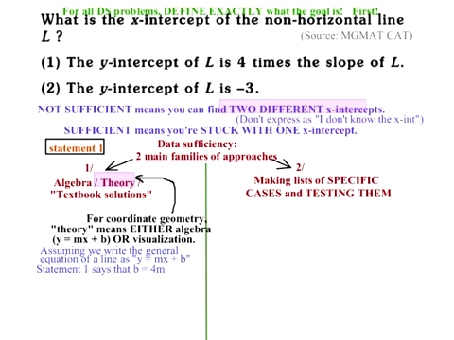You can plug in 4m where you saw b in the equation. So if you do that, the result is y equals mx plus 4m, where we still don't have any idea what m is, right?